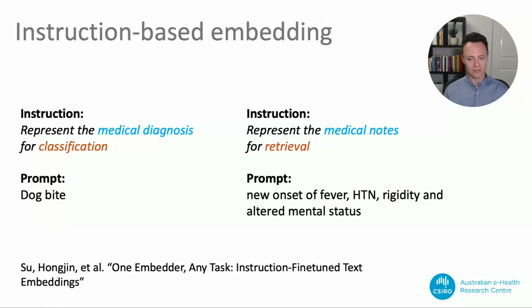In this example, dog bite is not really a diagnosis, but it is routinely captured using the diagnosis field in many emergency departments. The second example might be used to embed a free text note for a cohort search and selection use case. HTN means hypertension within the context of a clinical note, but it might mean something different in another context.